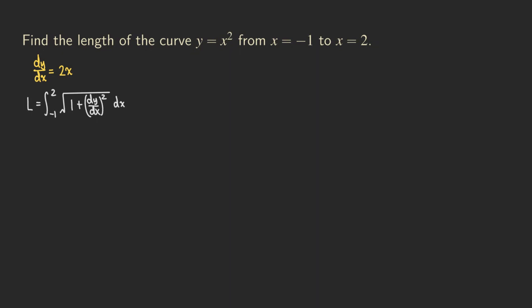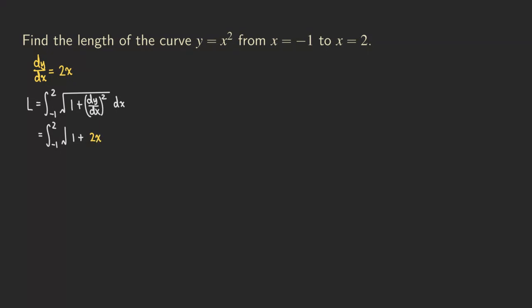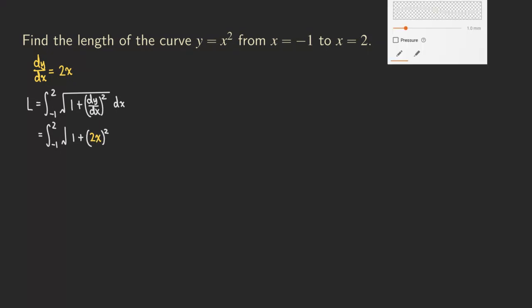So that's the integral. So now we are going to set up the integral like this. We have the integral from -1 to 2, and then we have the 1 plus. Now, what is dy dx? It's just 2x, right? So you are going to put it in the square. So that's what you have here: 2x squared.